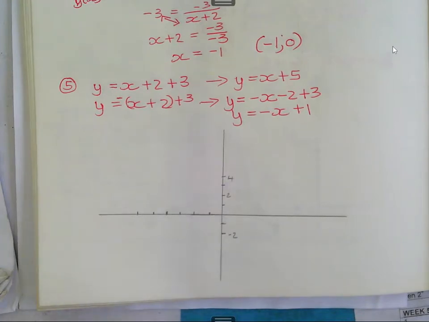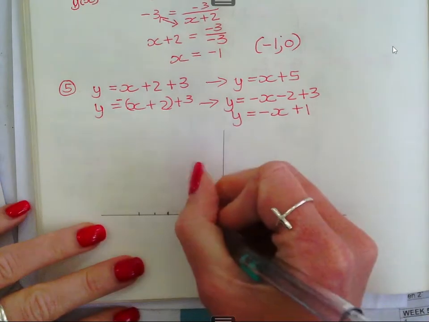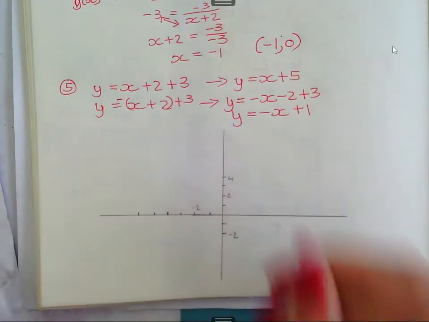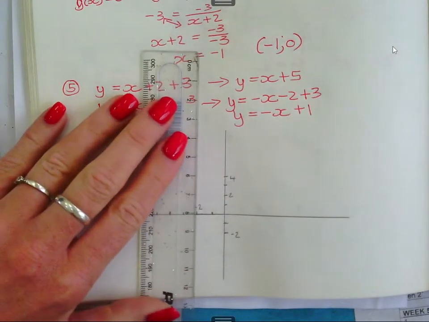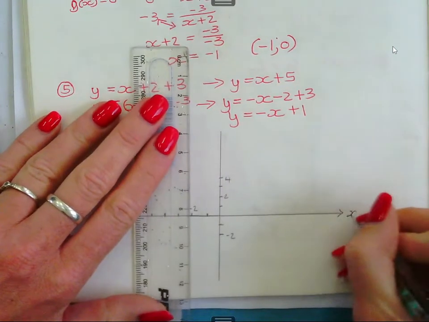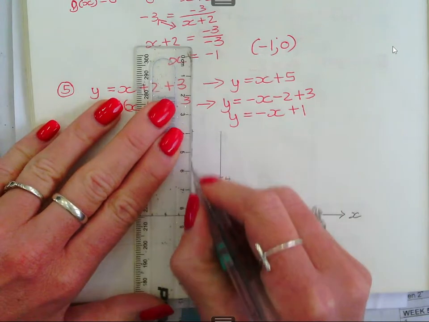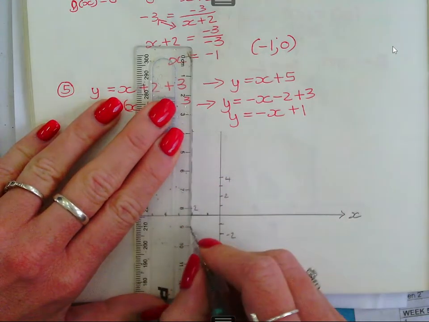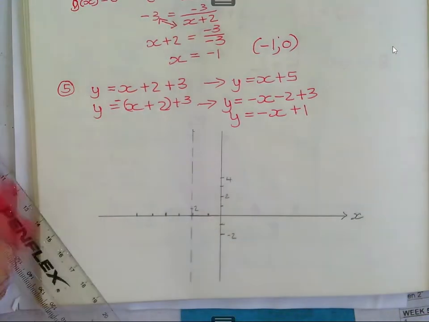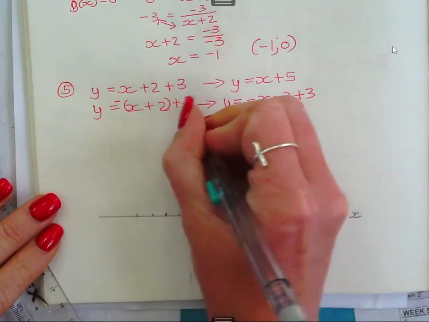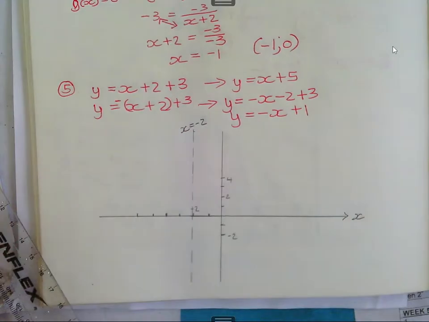Okay, I'm going to start plotting. The first one, always you start with the asymptotes. The first asymptote is x equal to negative 2. This is the x-axis. The x-axis must be cut at negative 2. And then you write it in, x equal to negative 2.